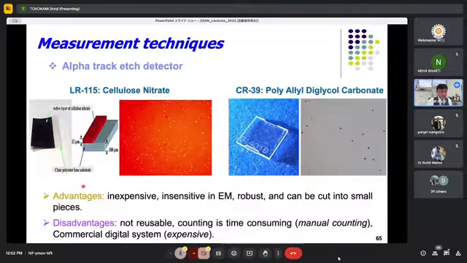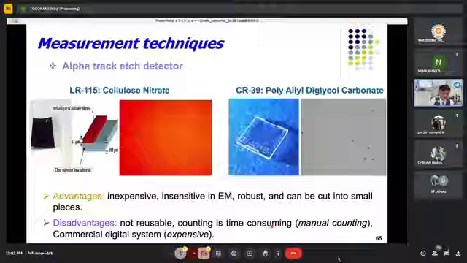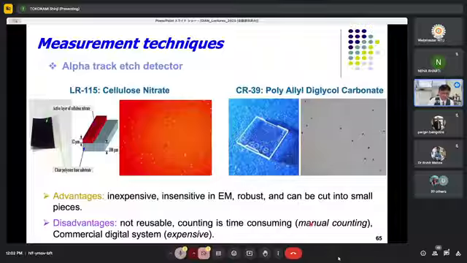Advantages of this track detector: inexpensive, insensitive to EM, robust, and can be cut into small pieces. Their disadvantages: they are not reusable. Counting is time-consuming by manual counting. We can get a shorter time using a commercial digital system, but it is very expensive.